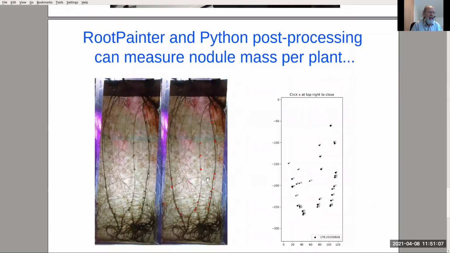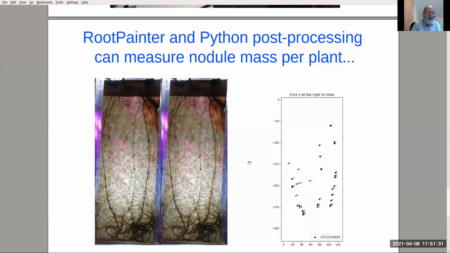And so then we get an image like this here on the left, run it through the RootPainter artificial intelligence program, and it's identified all the nodules, marked them in red, and generates an output file, which I then feed to a Python program that adds up nodule weight per plant.